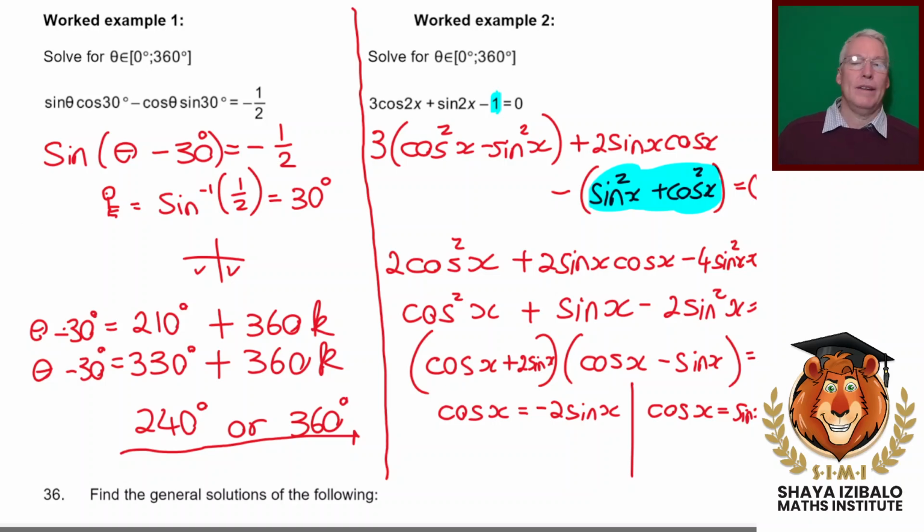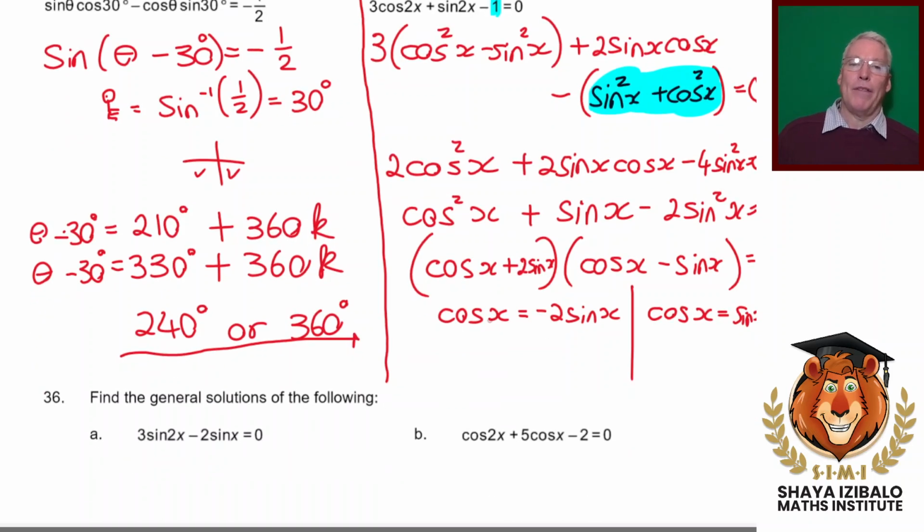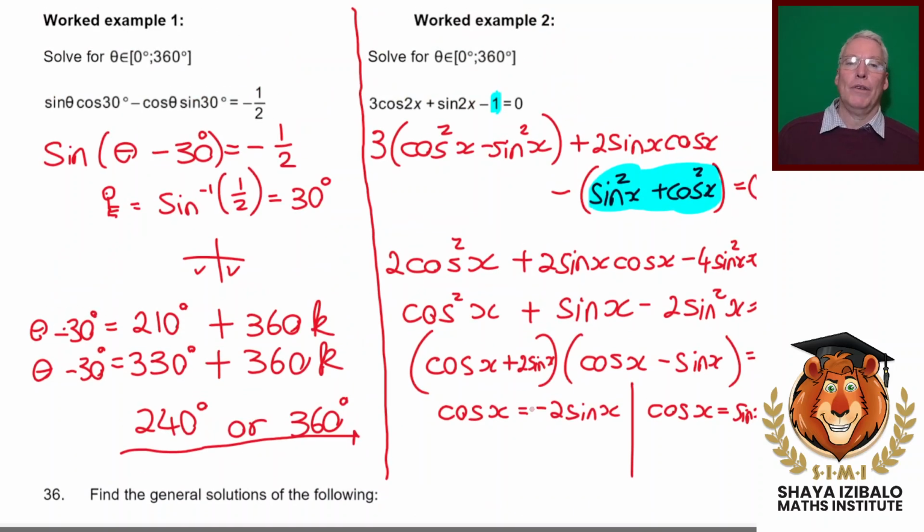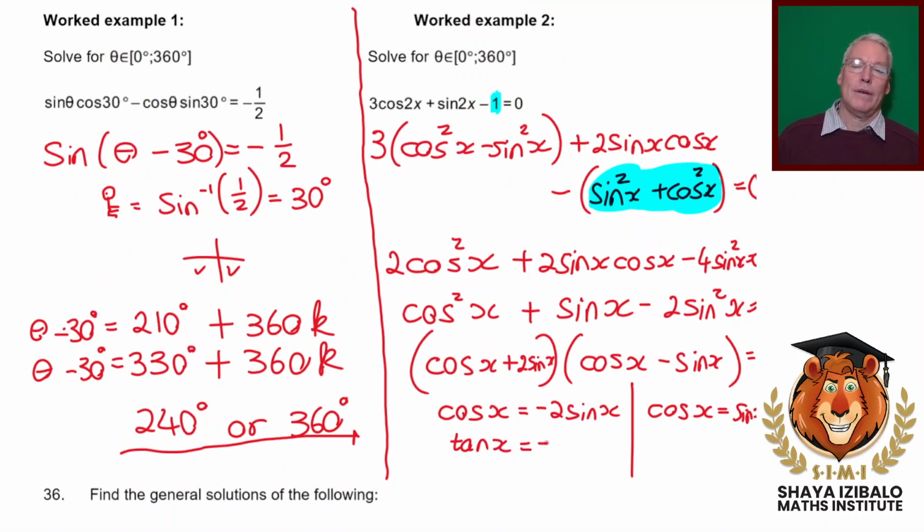That's right, we divide both sides by cos, giving tan. So for this one we're going to get 1 equals negative 2 tan x. We're going to get tan x equals negative a half. And for this one, we're going to get tan x equals 1.